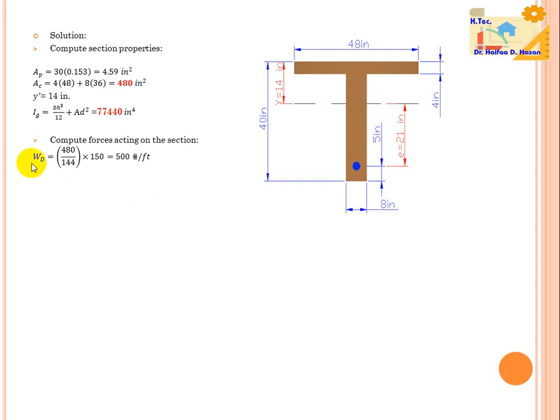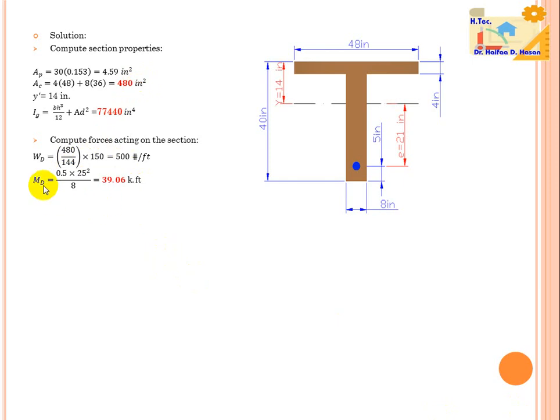Here the self weight W dead equals area gross divided by 144 to transfer it from inch square to foot square, multiplied by gamma of concrete 150.